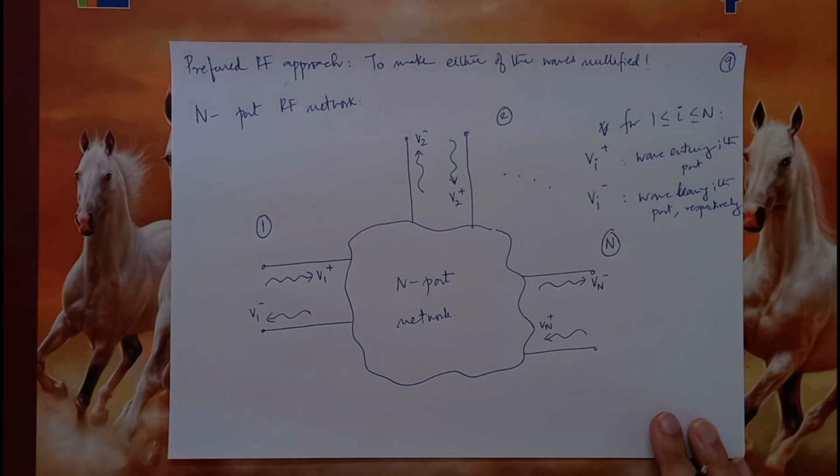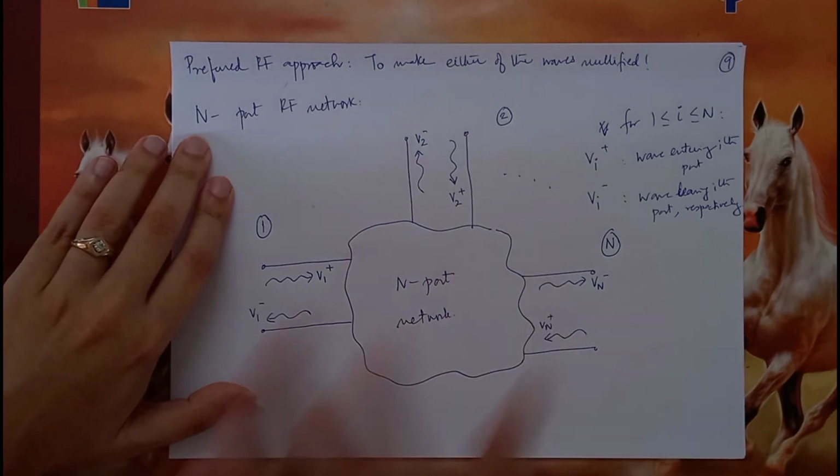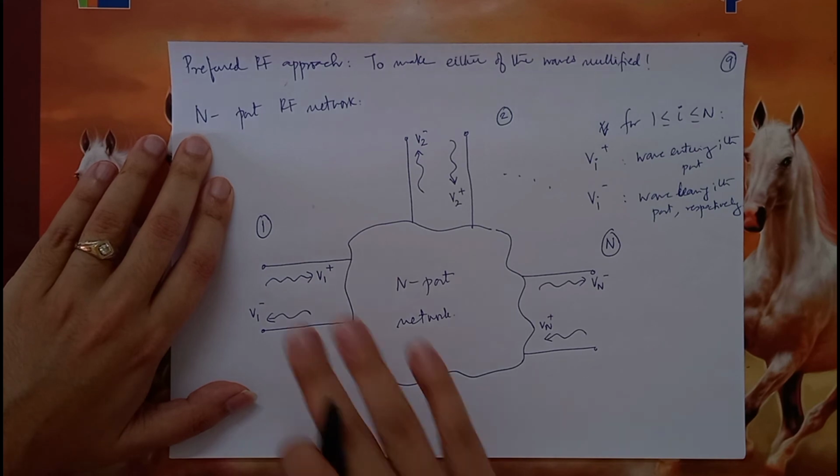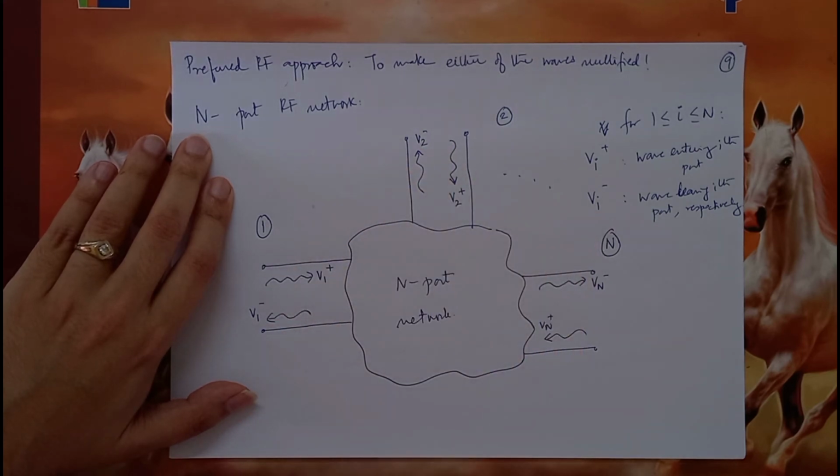Now that we know the property of these waves on transmission lines, why not try to relate the two of these? Rather than trying to equate voltage and current, why not try to correlate the two voltages?